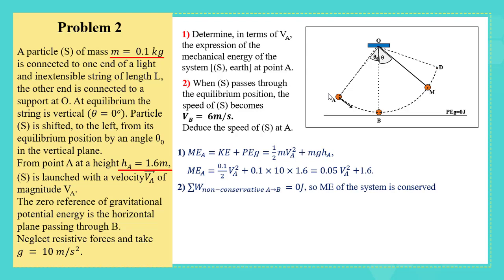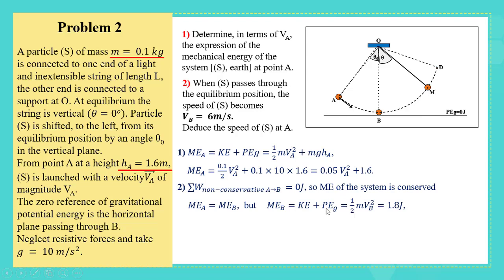We should start with the sum of non-conservative forces is 0, then the mechanical energy of the system is conserved. Then mechanical energy at A is equal to the mechanical energy at B. Mechanical energy at B is half m VB squared only, because point B is on the gravitational potential energy reference.